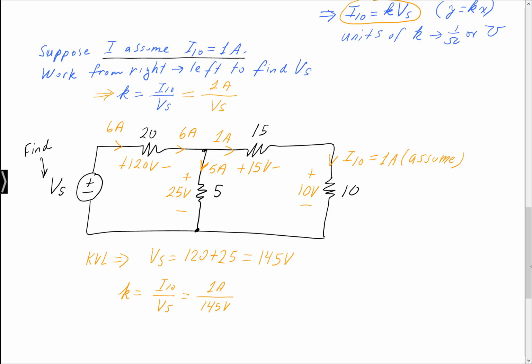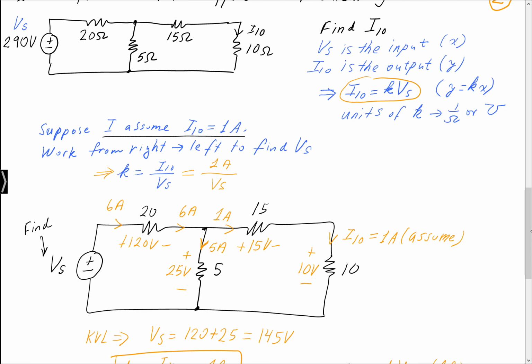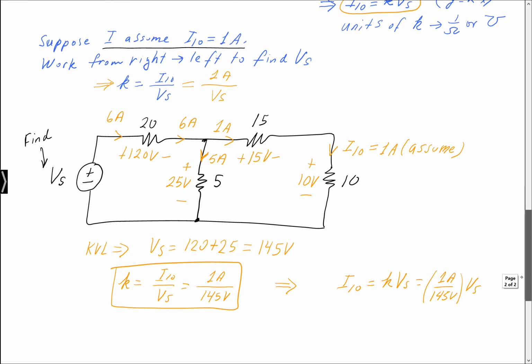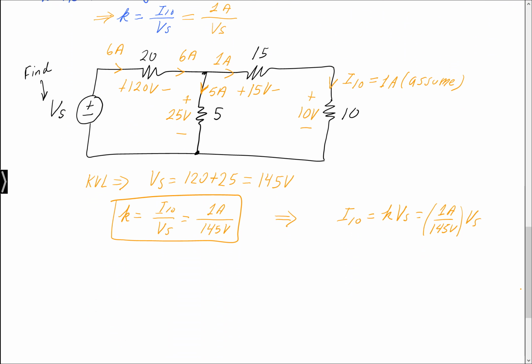So because we found K, what that means is, in general, for this circuit, for any given Vs, I10 is equal to K times Vs, or basically, 1 amp divided by 145 volts, that's the scaling factor, times Vs. So you give me the value of Vs, and I tell you what I10 is. So going back, in the original problem, Vs is 290, and that's conveniently chosen as twice the value of 145. But it could have been really anything.